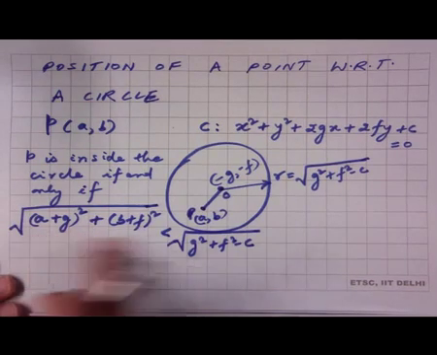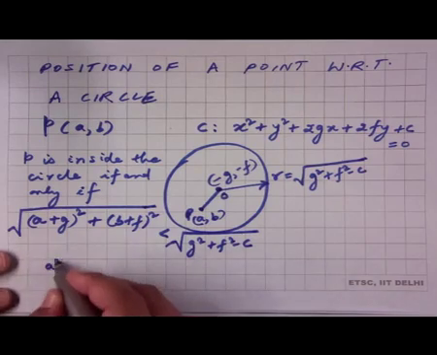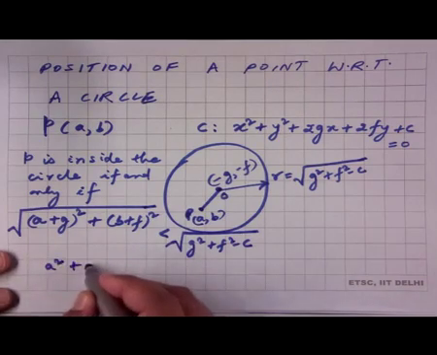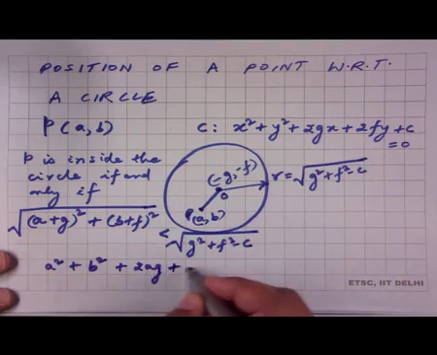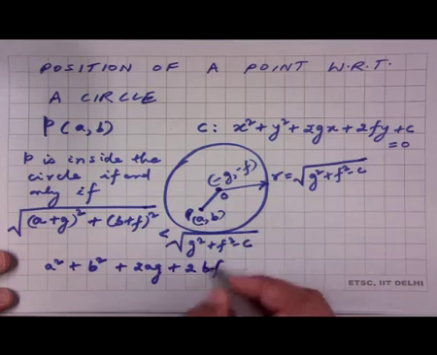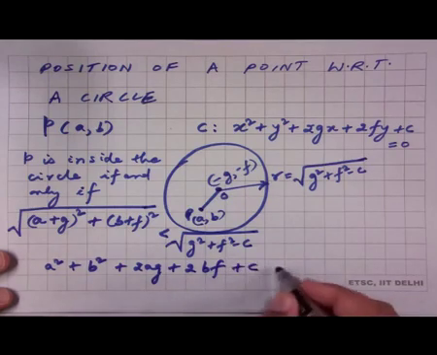If we simplify this further, this condition is essentially a square plus b square plus 2ga plus 2fb plus c is less than 0.